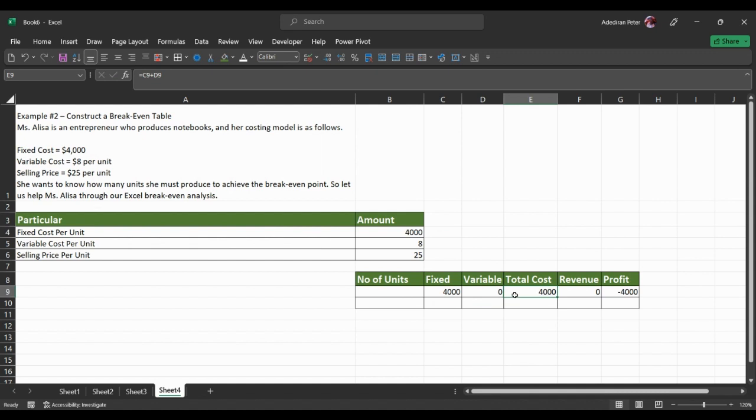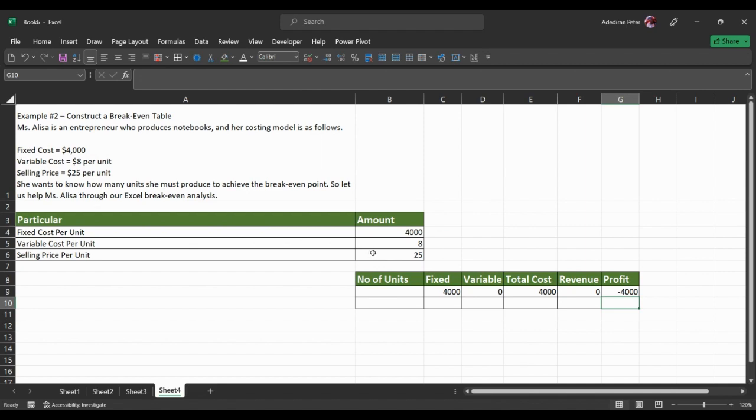So the total cost is the addition of fixed cost plus variable cost. The revenue is the number of units multiplied by its selling price per unit, make it absolute, while our profit equals revenue minus total cost.